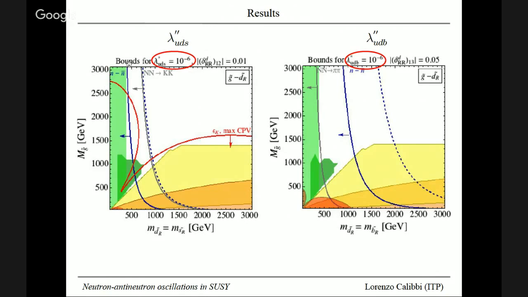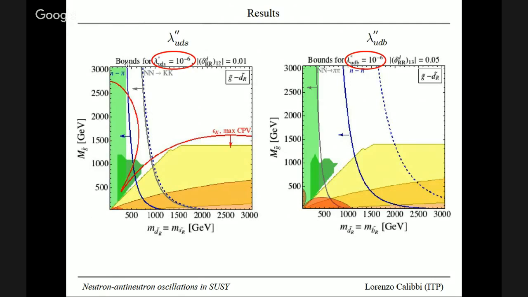It's a Yukawa coupling, so in a sense, we can expect some Yukawa couplings to be small if you think of the Yukawa coupling of the electron, for instance, which is more or less of this order of magnitude. And then here we just show the plane of the squark and the gluino masses.